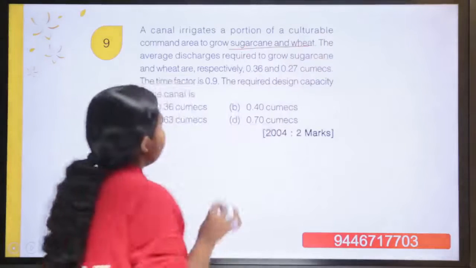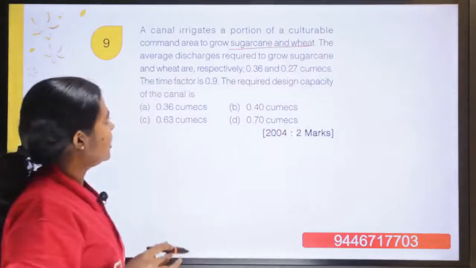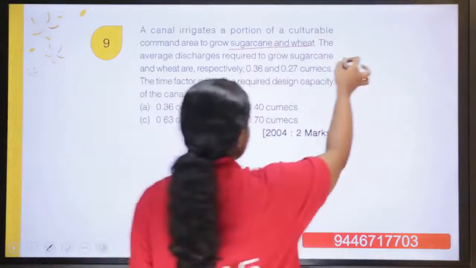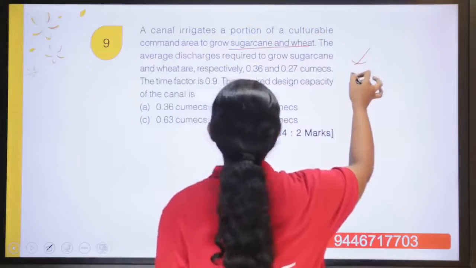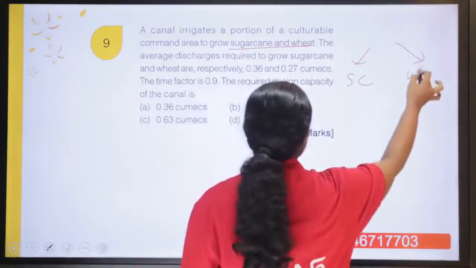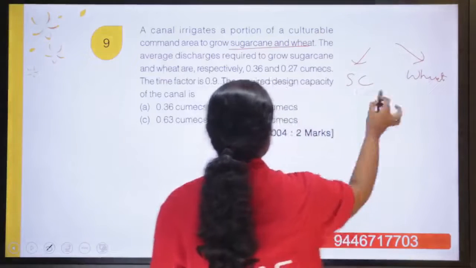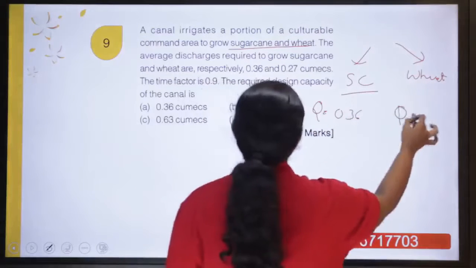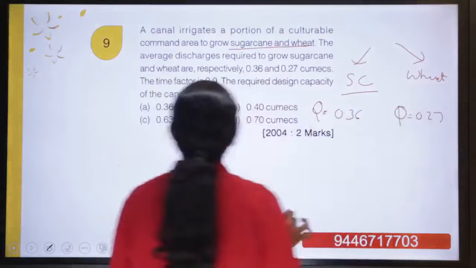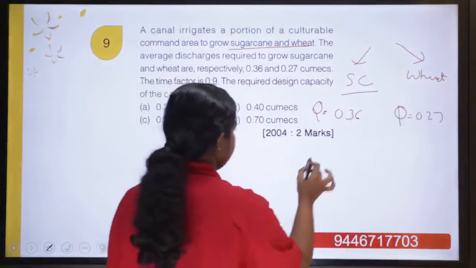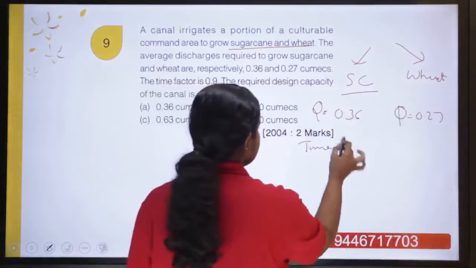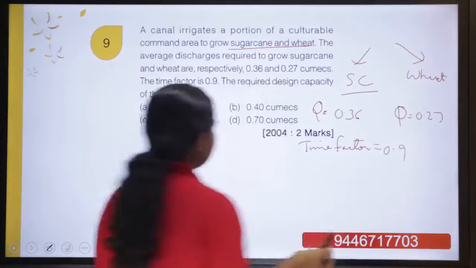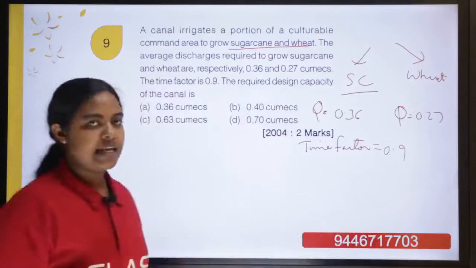The average discharge required to grow sugarcane and wheat are respectively 0.36 and 0.27 cumec. The time factor is given as 0.9, and the required design capacity of the canal is to be found.